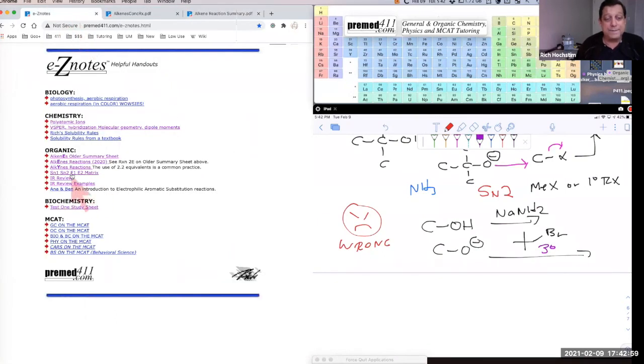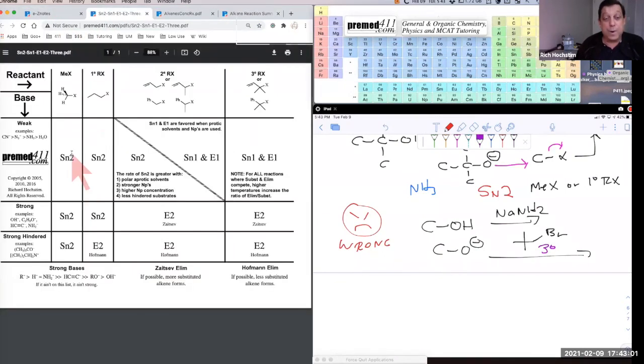So what happens is this. We have a tertiary group along with a very strong base. So we end up getting elimination. Now, I'm not saying that the steric factor isn't part of it, but the bigger answer is that elimination is favored. You remember this stuff?